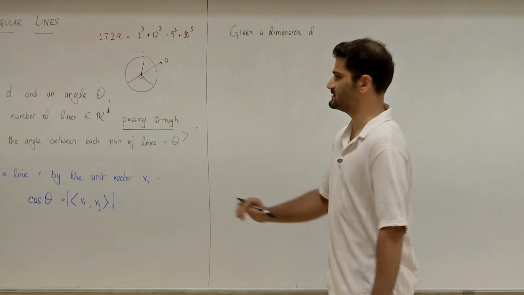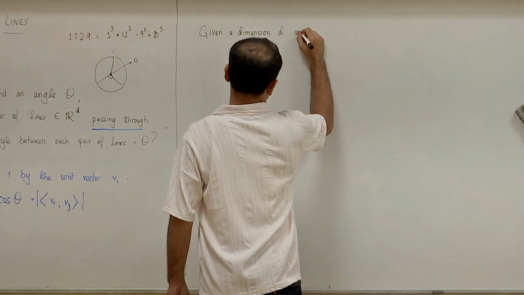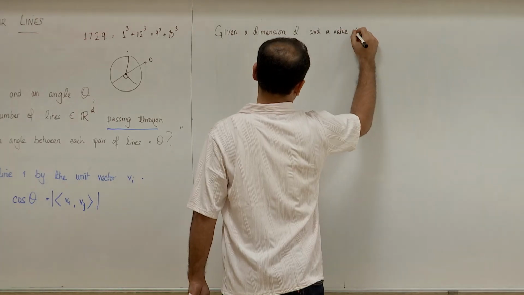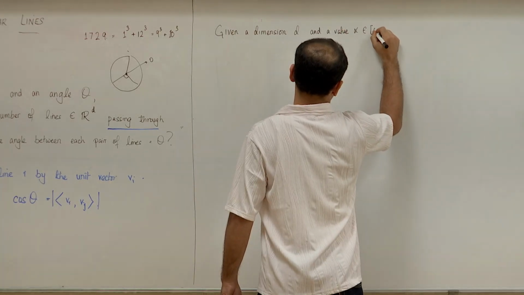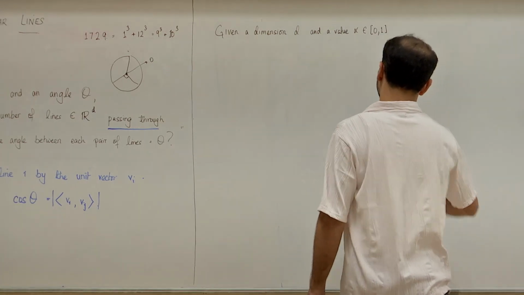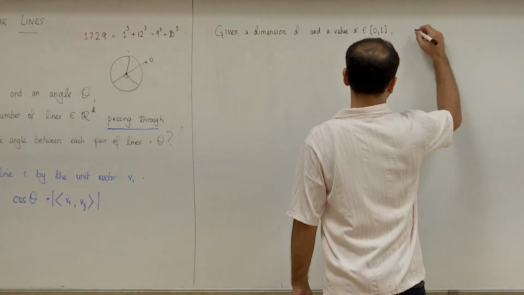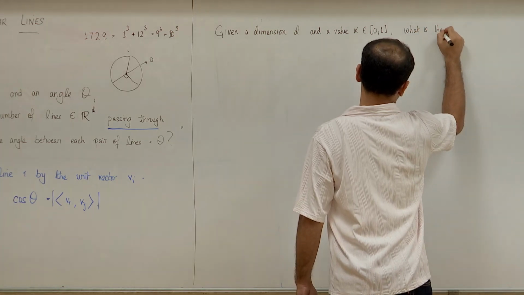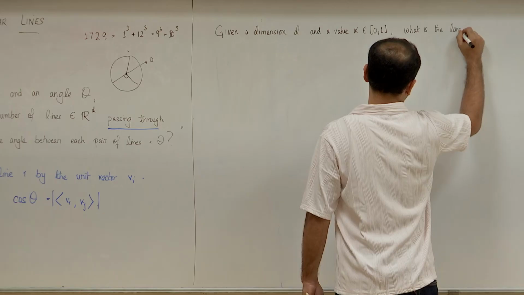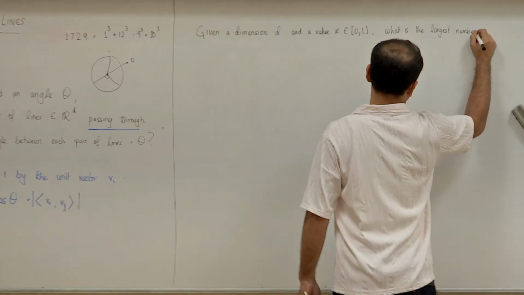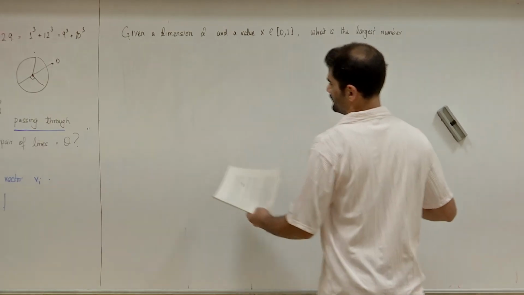I'll just say what is cos theta, value alpha, this is in (0, 1). What is the largest number? So now I can use the same notation.